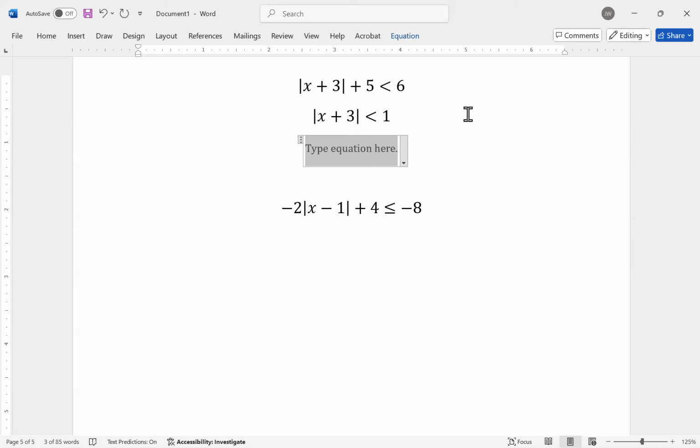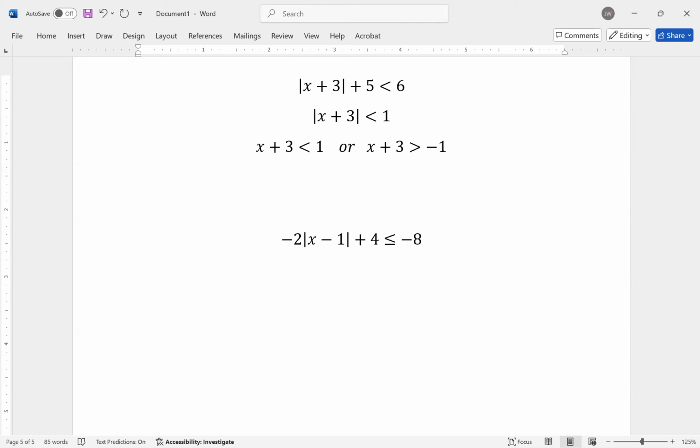Since I have a positive number on the right-hand side, I can create two inequalities. One that says x plus 3 is less than 1, and the other, where I use the negative, becomes x plus 3 is greater than -1. Again, I have to flip the sign when I use the negative because that's like multiplying both sides by a negative number.